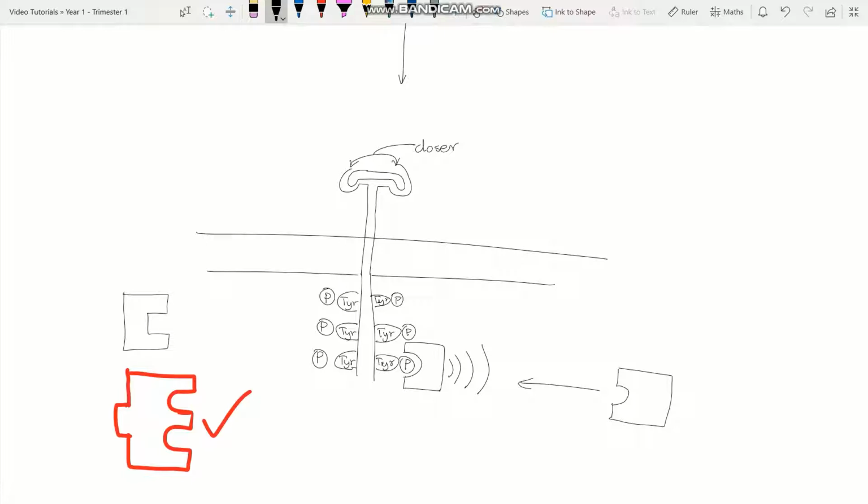And therefore, it'll bind. And this enzyme can come about and bind to the scaffolding enzyme to therefore incite its own response. So these are the two ways in which a kinase link receptor can allow for a particular cellular response.